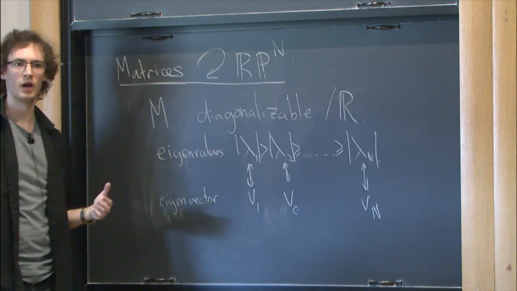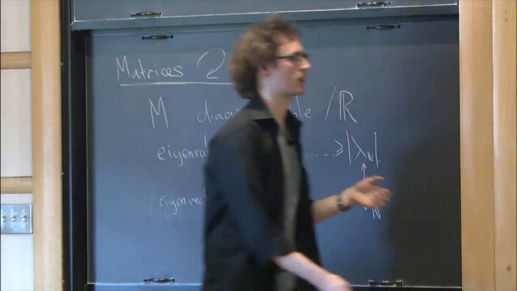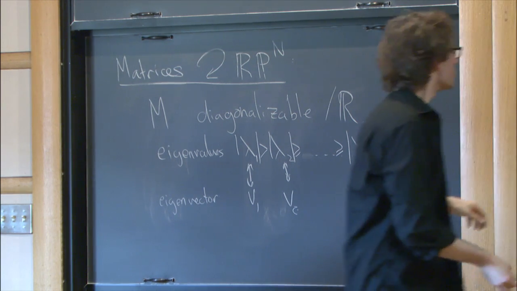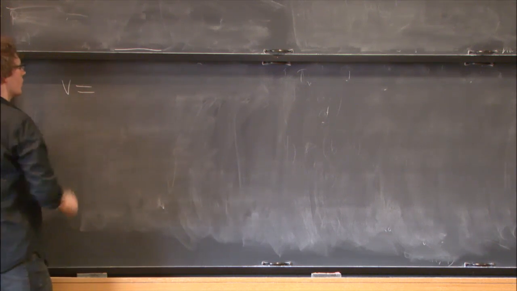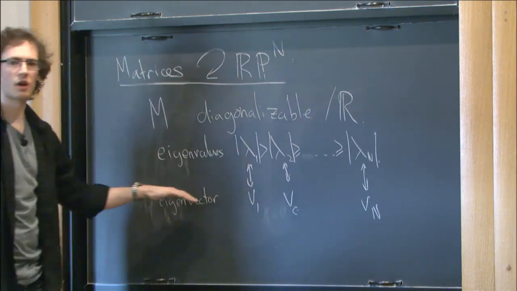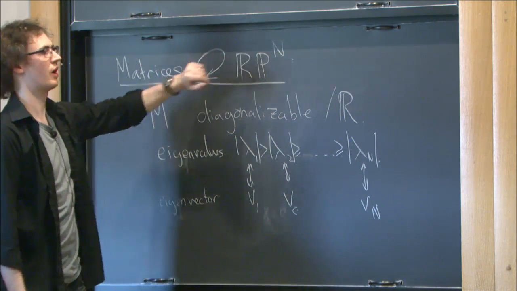So with this assumption that these eigenvalues are occurring in this order, we can try and see what happens to a particular vector when you apply one of these transformations. So let's give this a go. If I have some vector, let's say v, well, what I can do is use these eigenvectors as a basis for my space RPn.